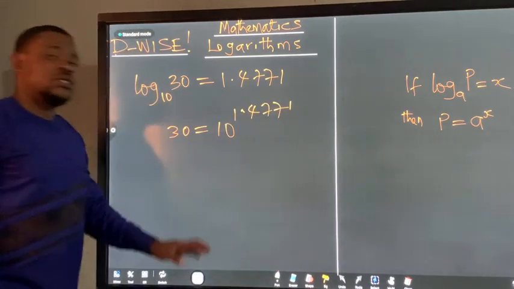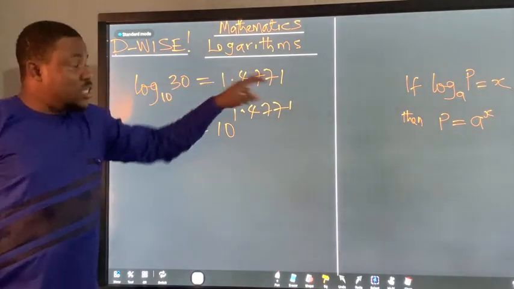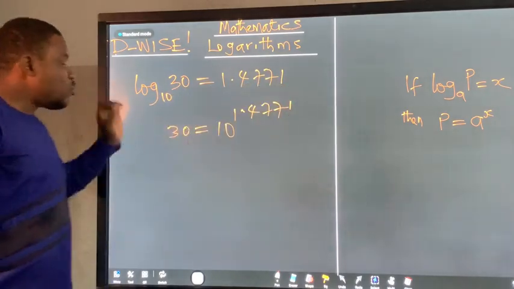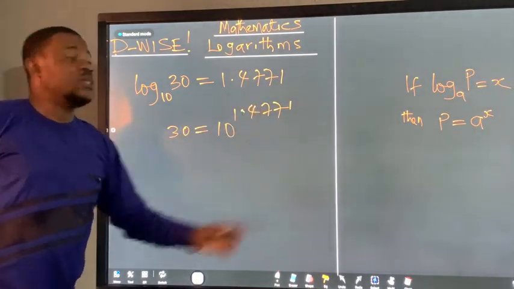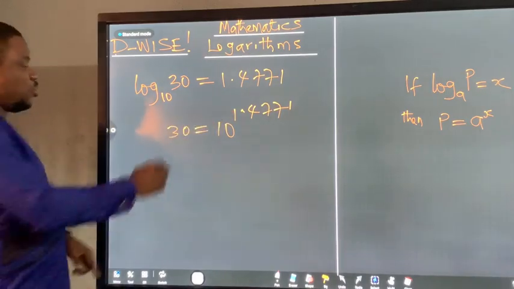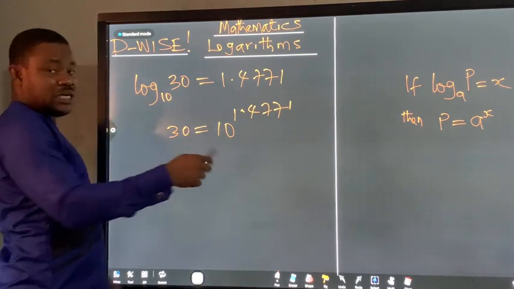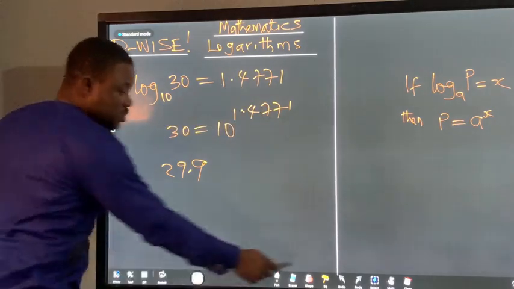That means log 30 to base 10 is equal to 1.4771, and this is true. It's going to mean that 30 will be equal to 10 raised to the power of 1.4771. If you use your calculator to do this, you will get something like 29.99 something, because this is an approximated value, I'm just doing it to 4 figures, alright?